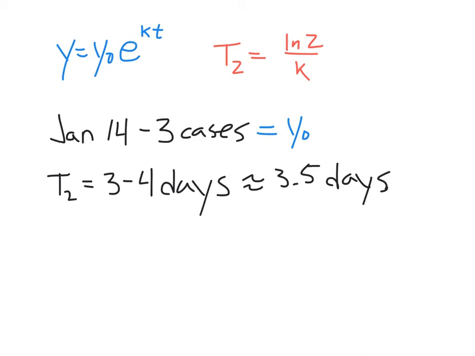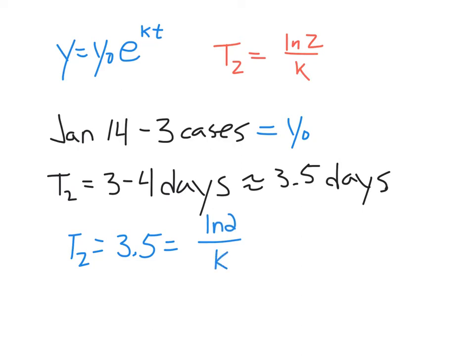Now we're going to find k. And we're going to use our doubling time formula, and the fact that we're saying it's about 3.5 days to double. And we're going to use that to find k. So our doubling time, we're going to say, is 3.5 days, and that's going to be the same as the natural log of 2 over k.